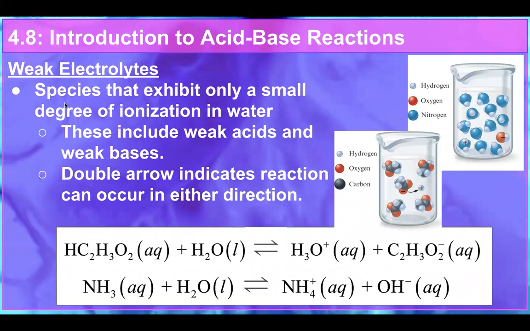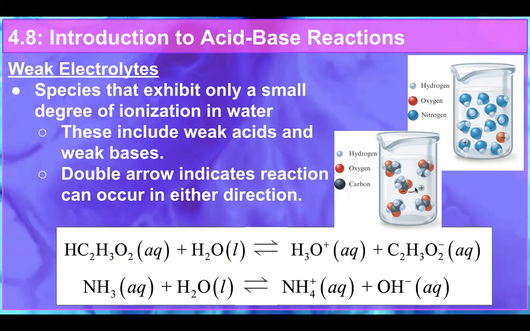There are also what would be called weak electrolytes, and there are weak acids and bases. So they will only partially dissociate or ionize in water. So like in this example, acetic acid, there are 5 acetic acid molecules and only one of them dissociates and releases a hydrogen.